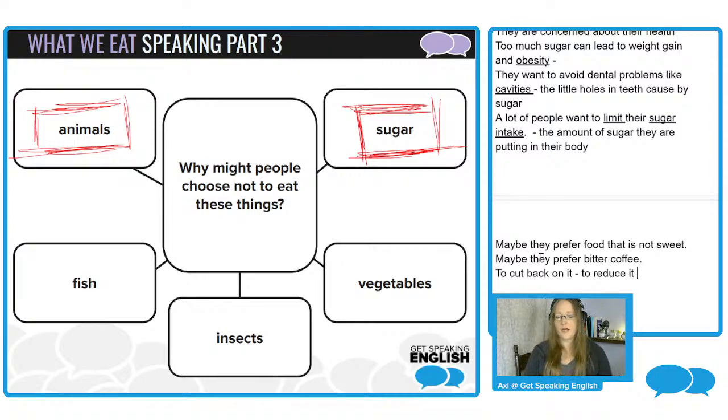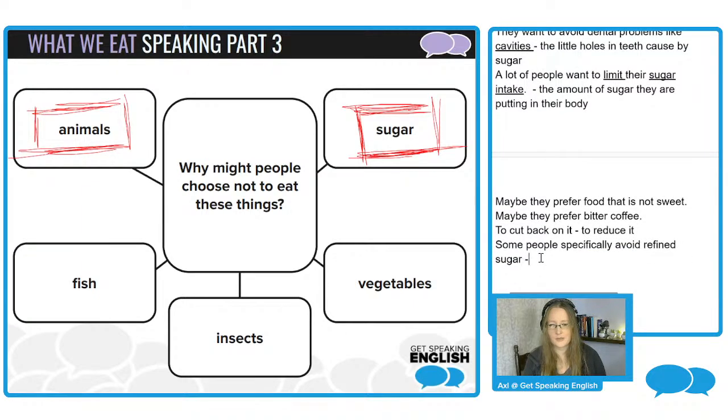Yeah, definitely. Or maybe they might use sugar substitutes too, or even just avoid refined sugar. Because there is natural sugar, but then there's also refined sugar, which is the super processed white sugar, basically, right?